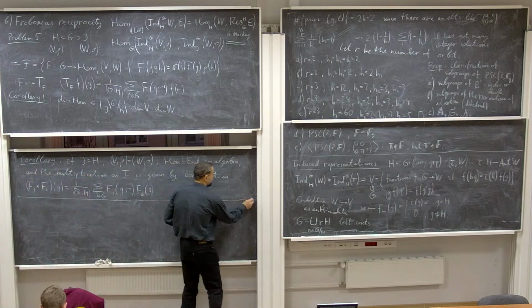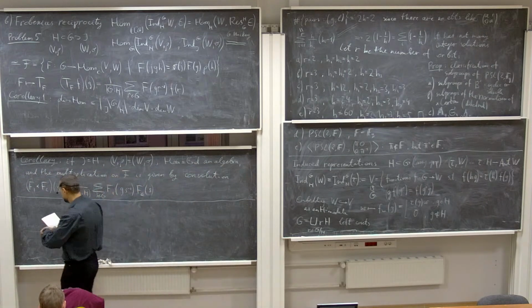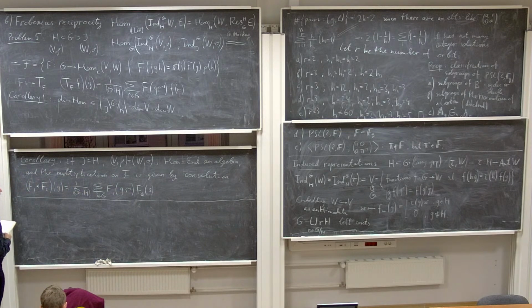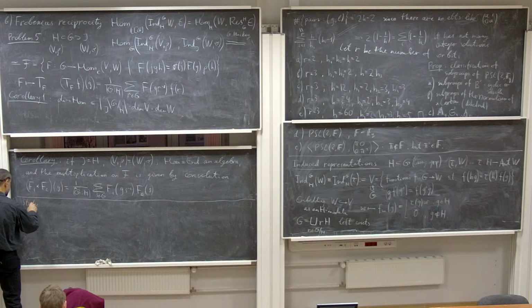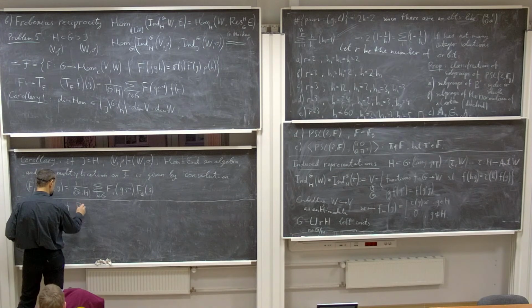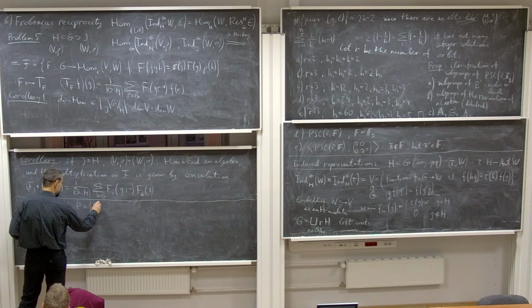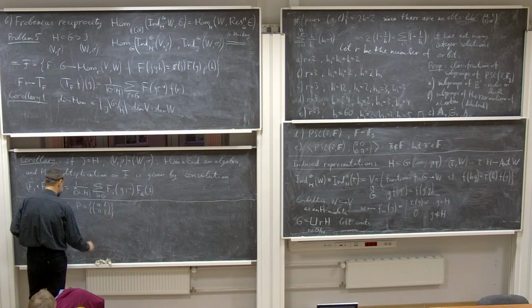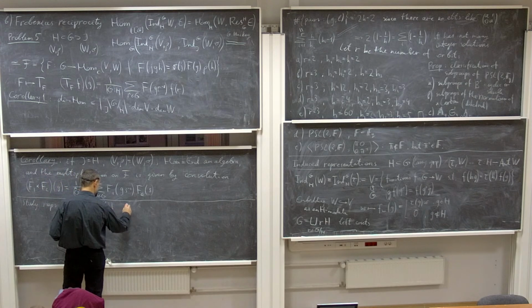We will use this abstract thing later on, and now we return to the particular study of our group GL2 F_q, and first we study the representations of this mirabolic subgroup P, like this, and B, the Borel subgroup.